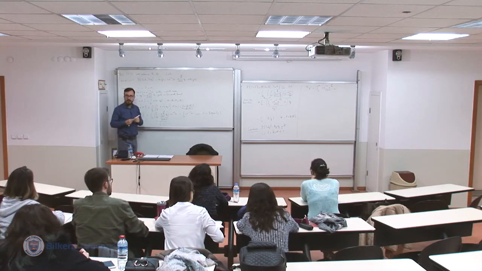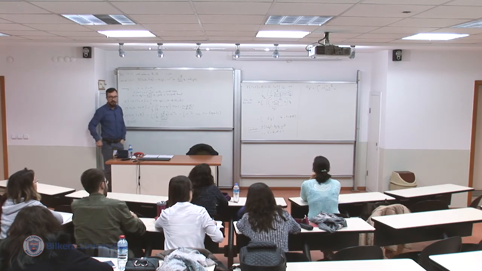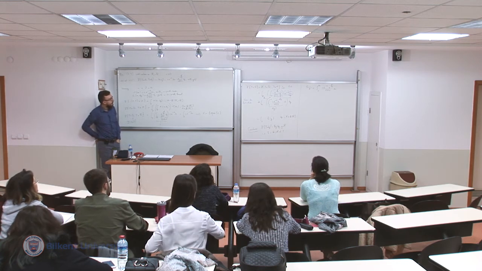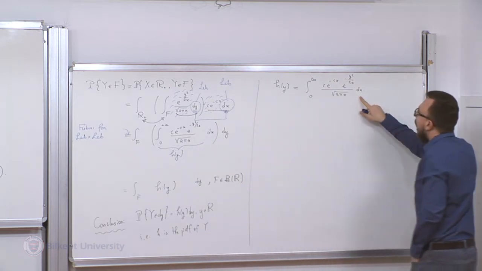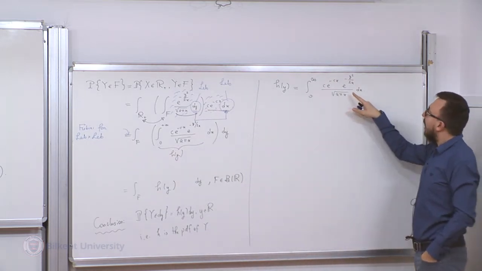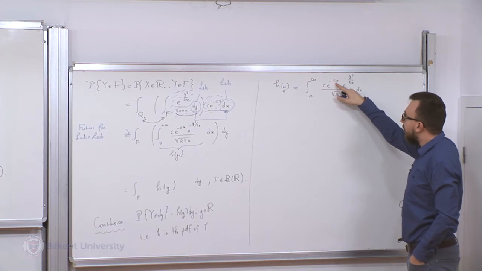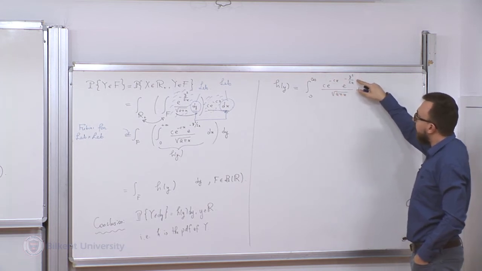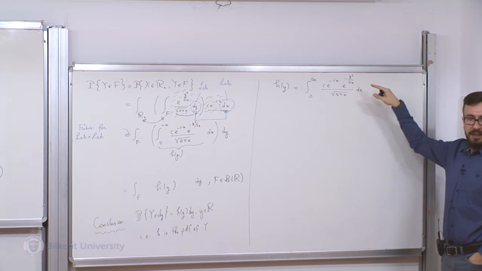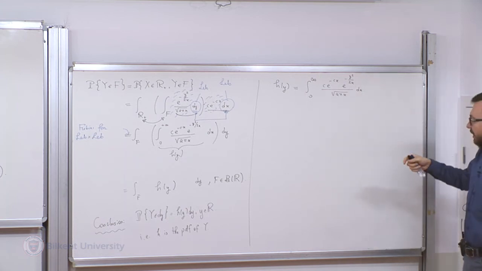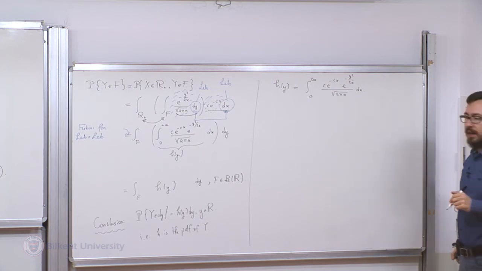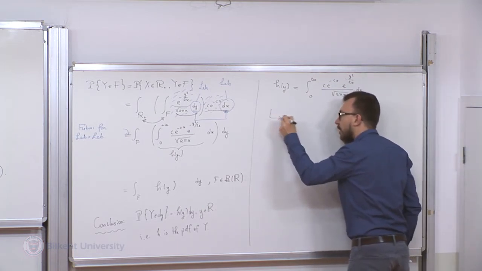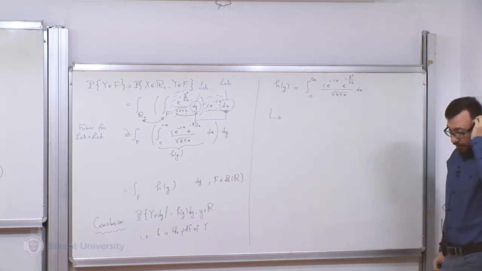Can you evaluate this integral by some calculus trick? It's an integral about dx, and you have c times x, which is nice, but you have y squared over 2x, which is too bad. It's a very ugly integral, so I guess it is not possible to calculate it using just ordinary calculus.